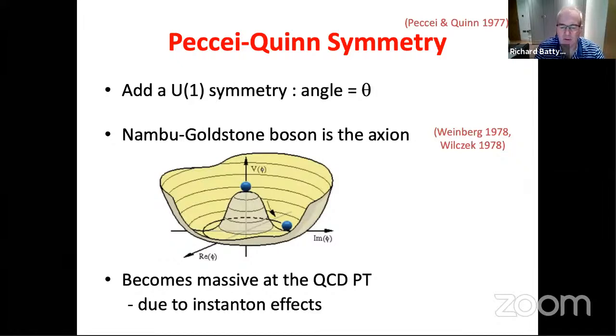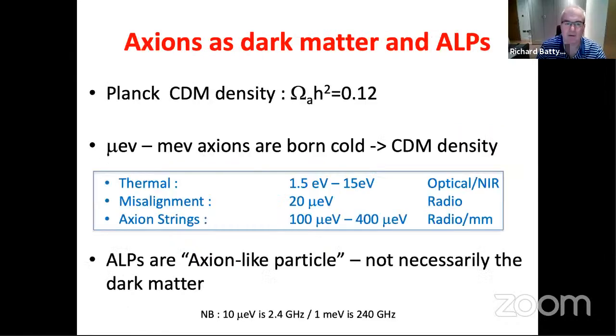The particle would be expected to become massive at the QCD phase transition due to instanton effects. And if it becomes massive, then it can become a dark matter candidate. Because of the way that it's created, it can be a cold dark matter candidate, and that is what we are looking for.